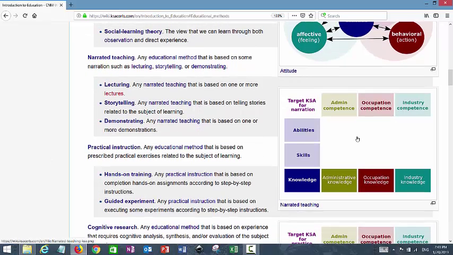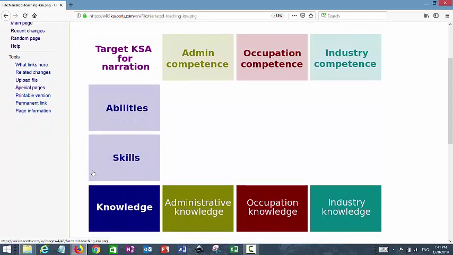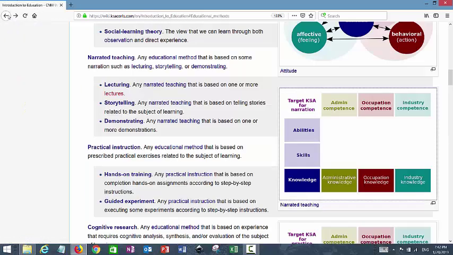If we take a look at knowledge, skills, and abilities, these types of methods mostly target knowledge. It doesn't give a feeling or skills or abilities. It's not a learned ability. It's knowledge. It gives administrative knowledge, occupational knowledge, or industry knowledge if we talk about employment KSAs.